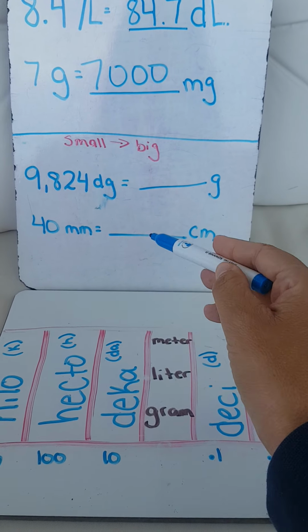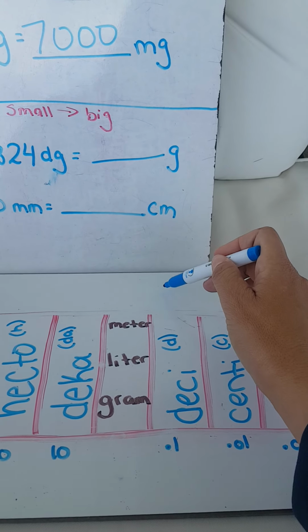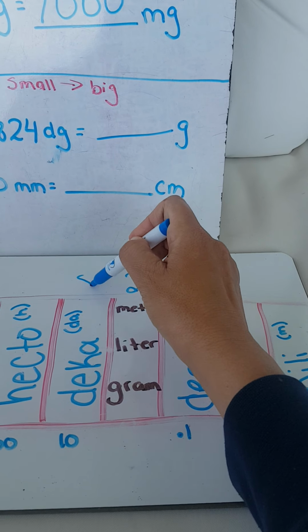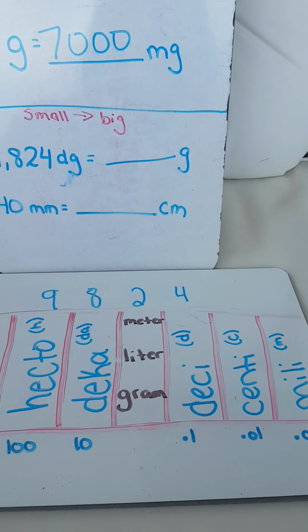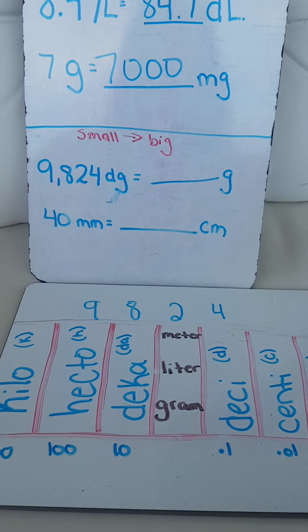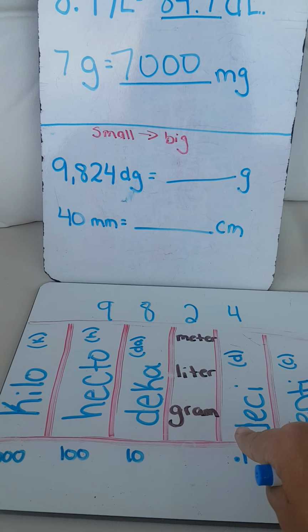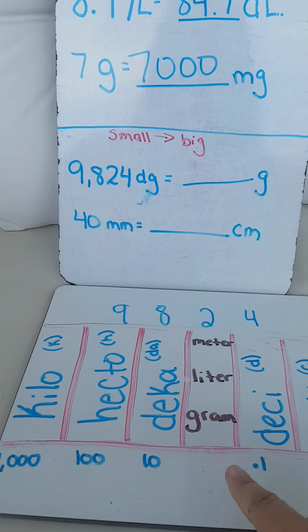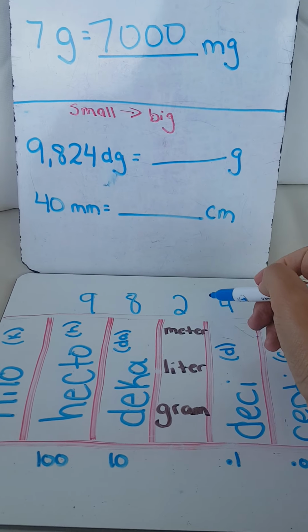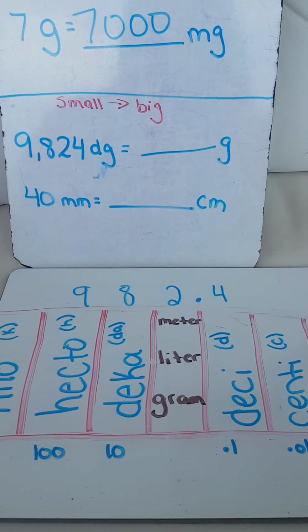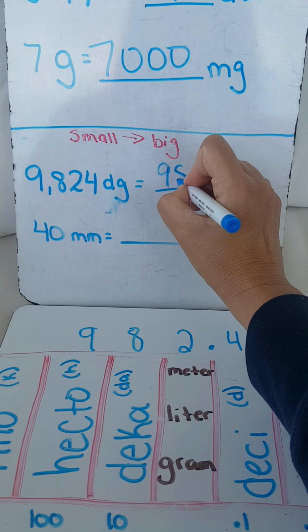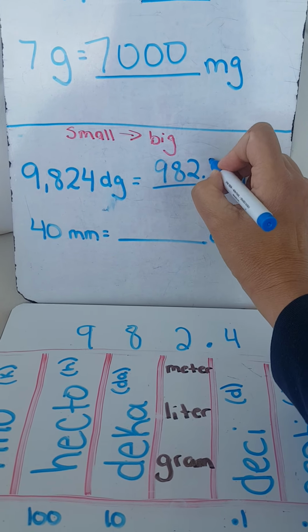So it says decigrams, so my last place value is the 4, and I'm going to work backwards. Okay, see how the 4 is in decigrams? Now I'm looking for grams. So then I go right above grams and I put my decimal. So my answer is 982.4.